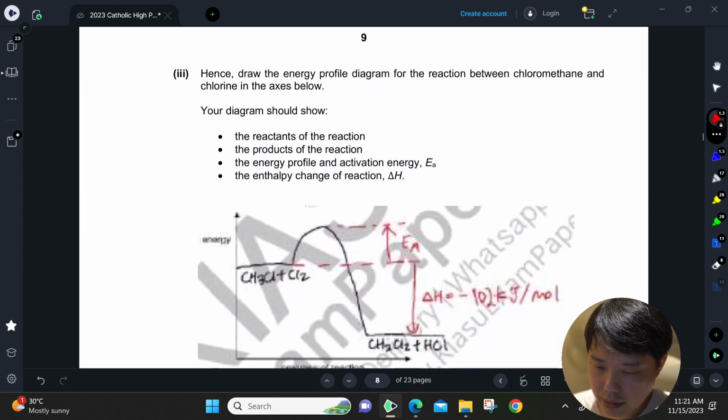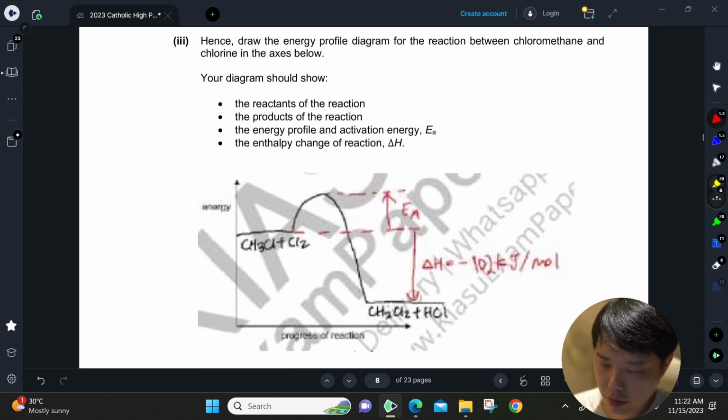Lastly, they want you to draw the energy profile diagram. Since it's exothermic, we start off with the energy level here and end off lower. We put in the reactants and also the products. Then in this part, you go up and then you come down.